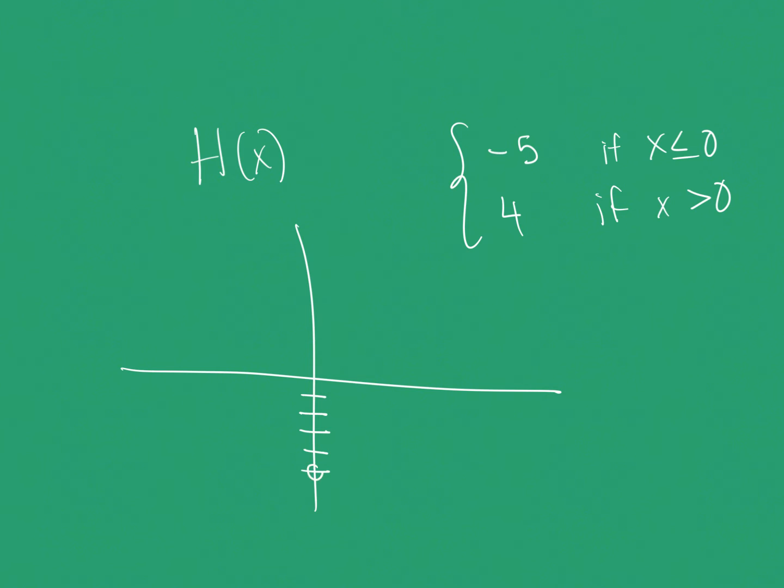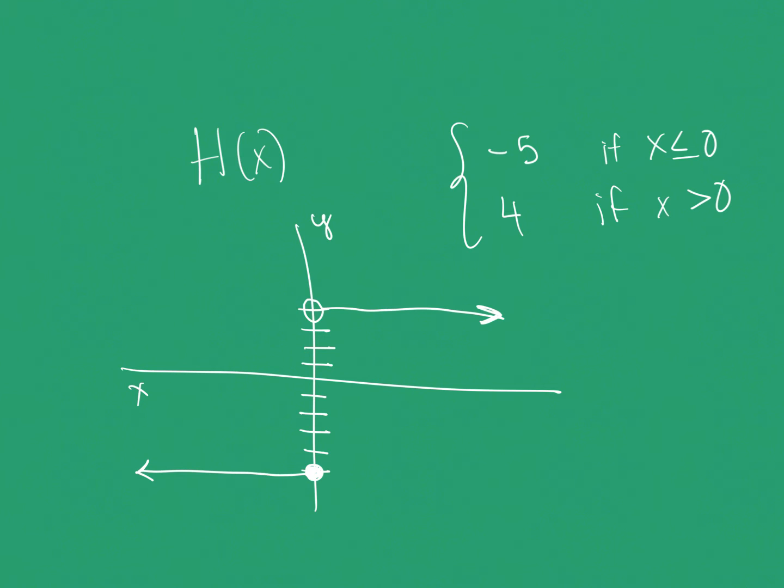And any x that's less than or equal to 0, so solid line, goes that way. If it's greater than 0, then the value is always 4. Open circle, because there's no line under the 0, line goes that way. And we're looking at that graph right there.